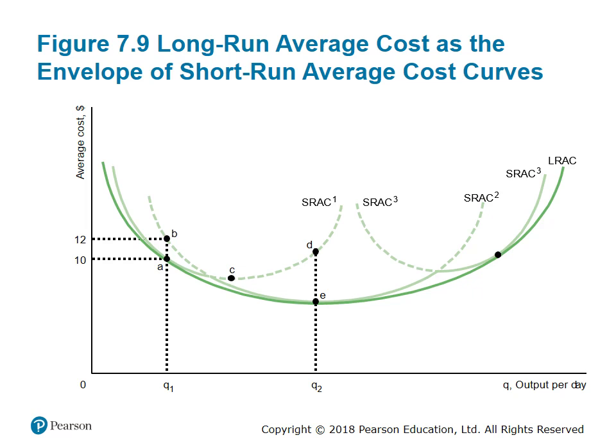But if it has chosen the medium plant size, corresponding to short-run average cost 2, Q1 can only be produced at an average cost of $12 per unit at point B. Hence, the most suitable plant size for output level Q1 is the small plant size, while the best plant size for producing at Q2 is the medium plant size.